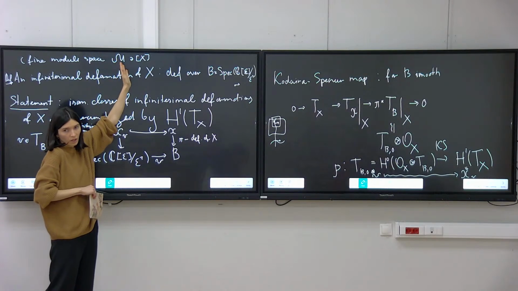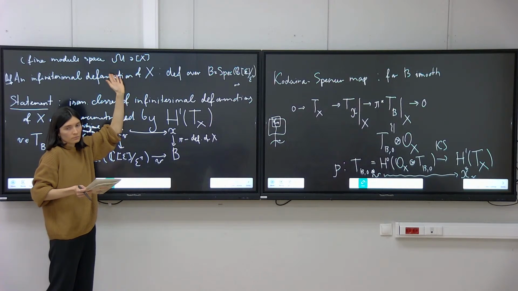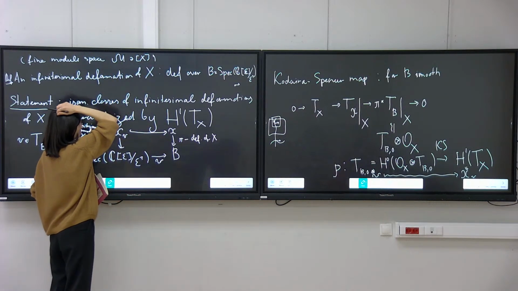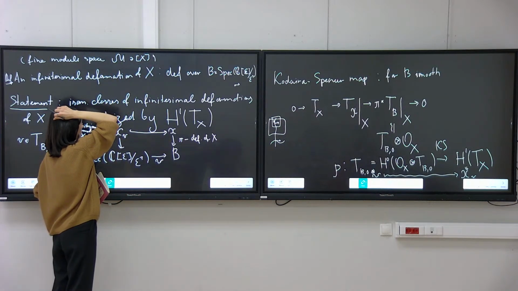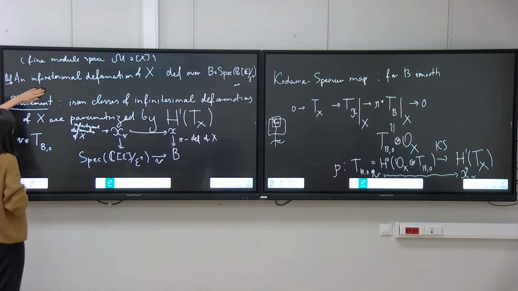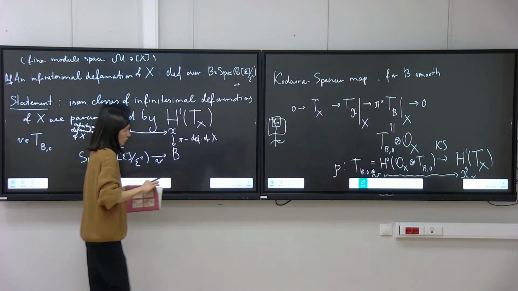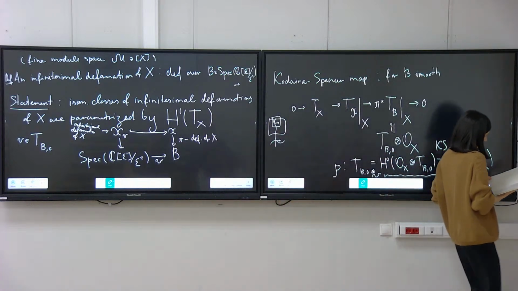I will not explain all this notion, just to recall for those who know this, and for those who have never met infinitesimal deformations before, maybe some motivation why it's important to study them. Okay? So this was the Kodaira-Spencer map.